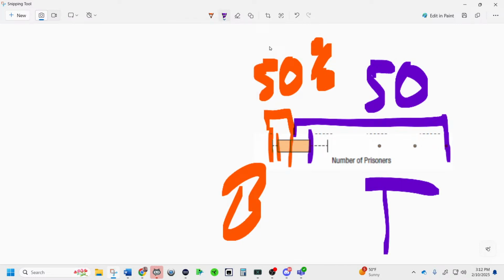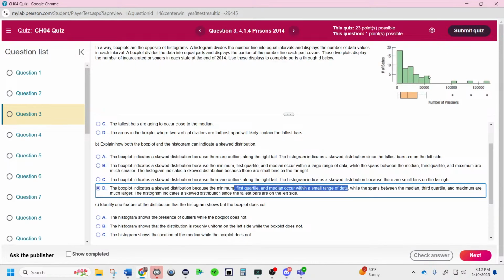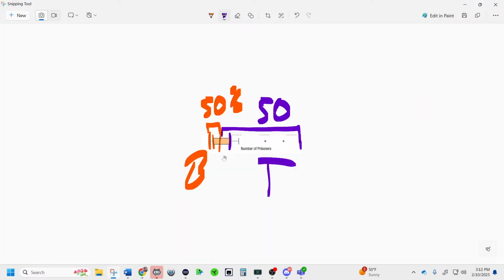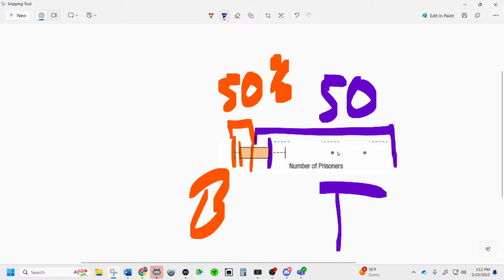Both contain the same amount of data. It's just that the top portion is more spread out than the bottom. This is 50% down here, this is 50% up here. You can see it better in the histogram, but the separation on the box plot shows you.